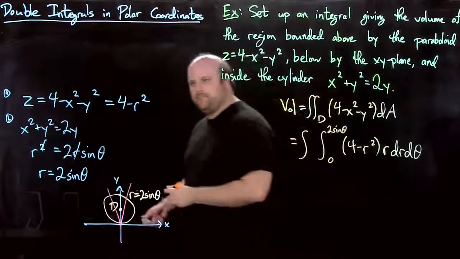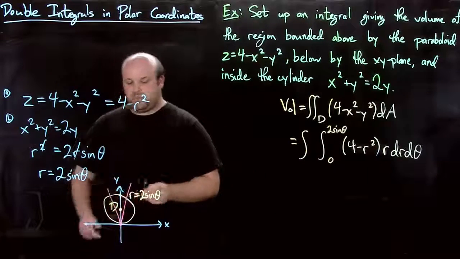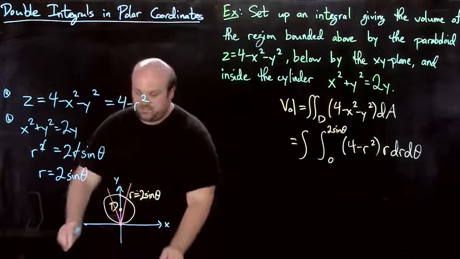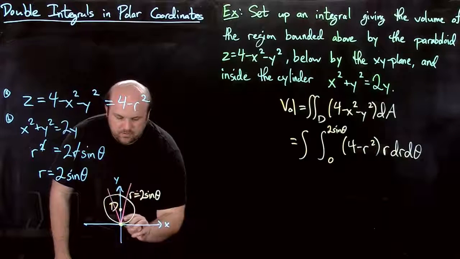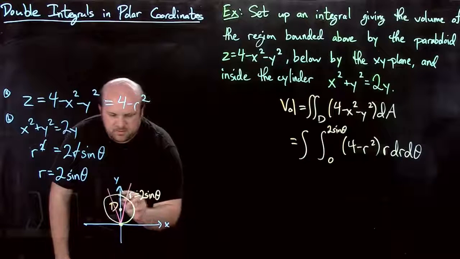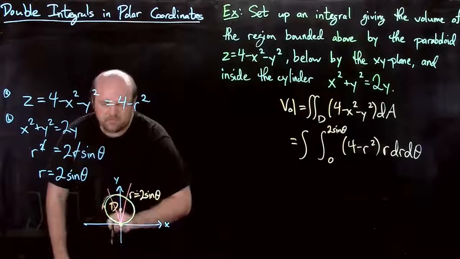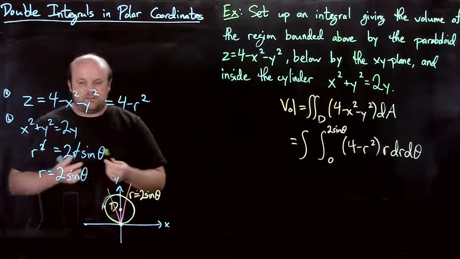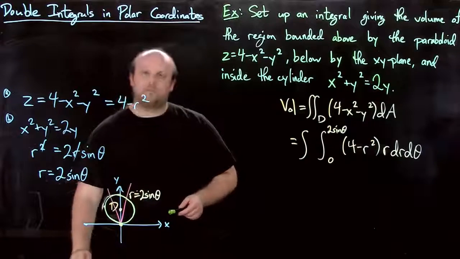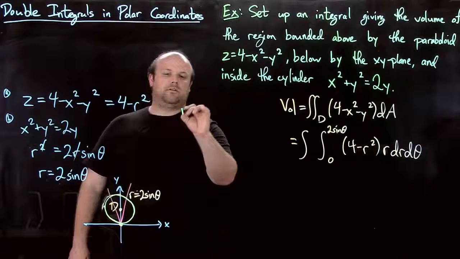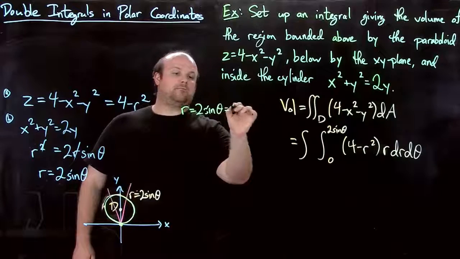But what are the bounds on theta? You can imagine this being sketched out by starting at 0, going around once, and coming back to 0. So we just need to find where r equals 2 sine theta equals 0.